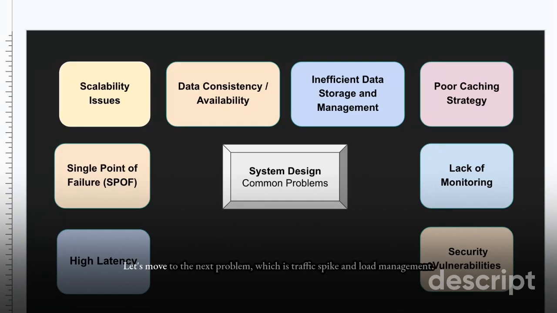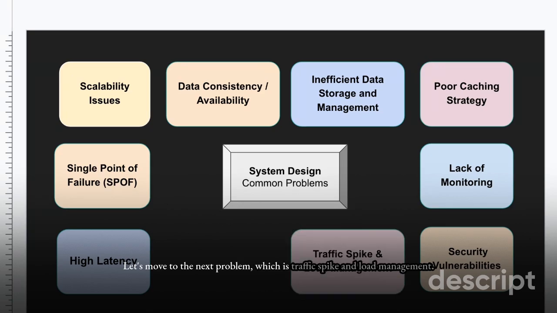Great. Let's move to the next problem, which is traffic spike and load management. Yes, everyone wants to do business. As and when we started, the traffic was low. As and when business grows, the traffic sharply moves, and a traffic spike can overwhelm your system, leading to downtime.